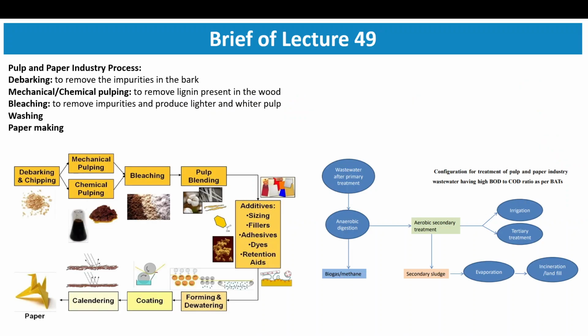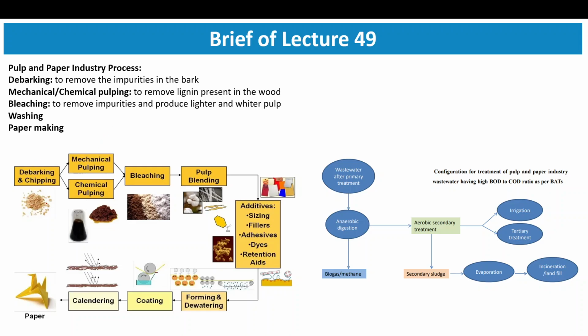Now next is the pulp and paper industry. The pulp and paper industry is one of the highest polluting industries in terms of wastewater pollution. So let's look into the process flow diagram to see from where wastewater is generated.